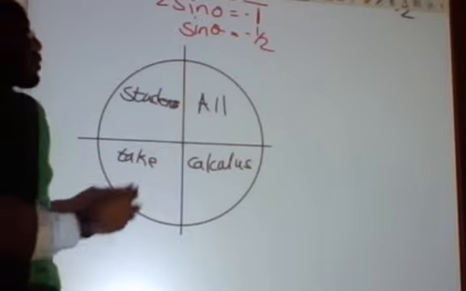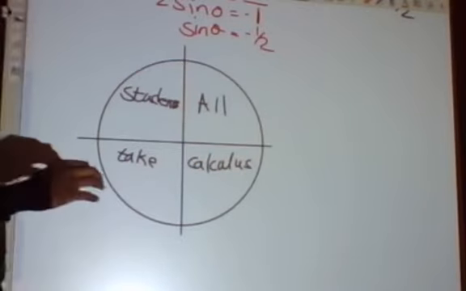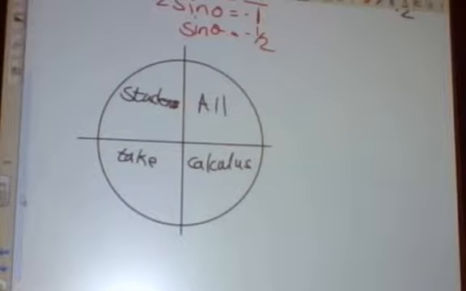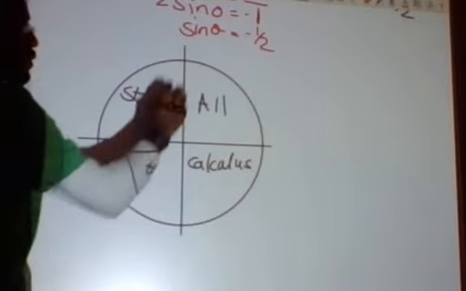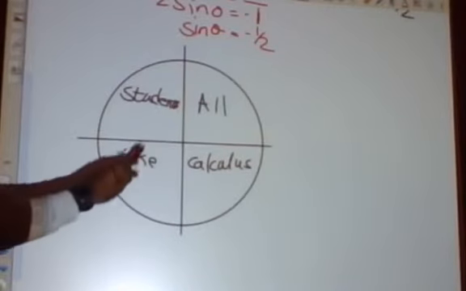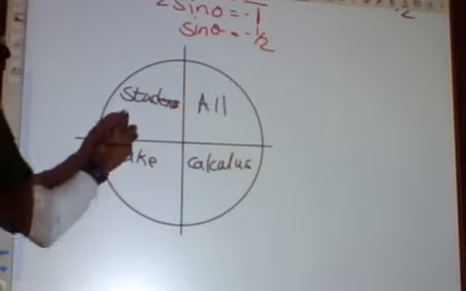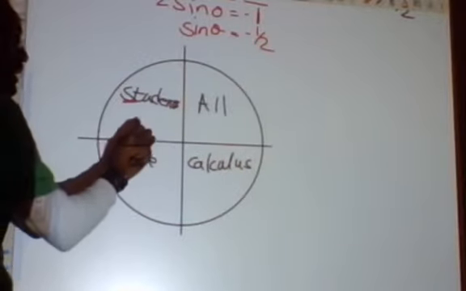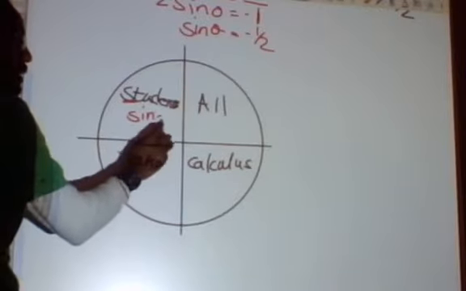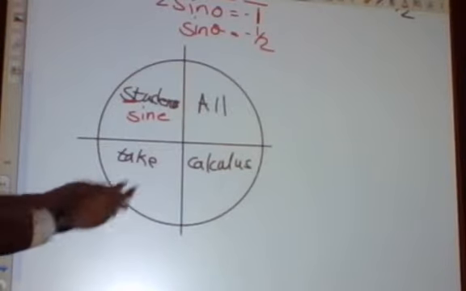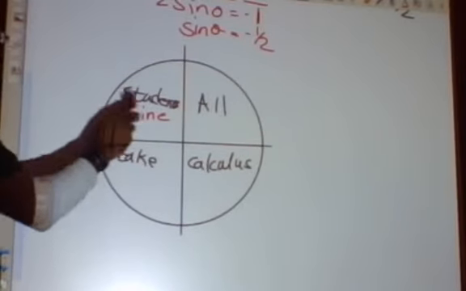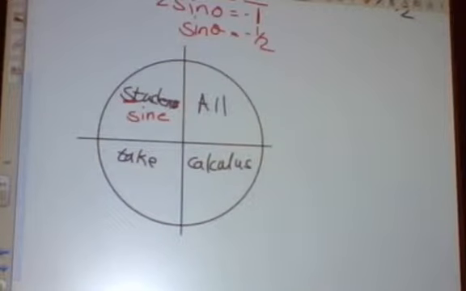If you look at this first one, all, in quadrant 1, if you remember, sine, cosine, and tangent are all positive. There are no negatives in that one at all, because it's all the first quadrant. If you look at the second quadrant, students has the same beginning letter as sine. So that means the sine function in this second quadrant will be positive.